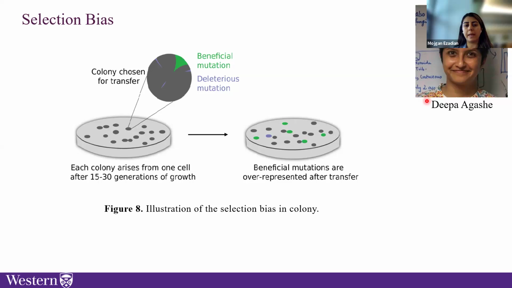On the new plate, each colony starts with a single individual, and these single individuals grow to make their own colonies. After having these colonies, they choose a colony at random to transfer to the new plate. When comparing the beneficial and deleterious mutations in the chosen colony, beneficial mutations represent a higher frequency, and this causes an underestimation of the deleterious mutations.